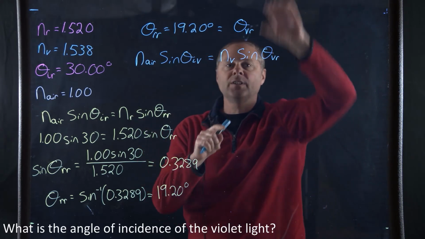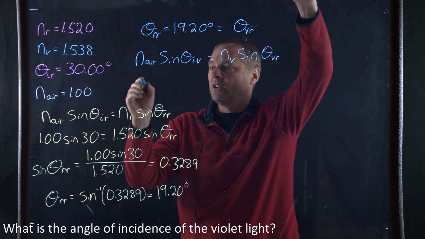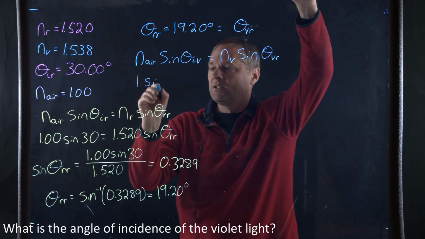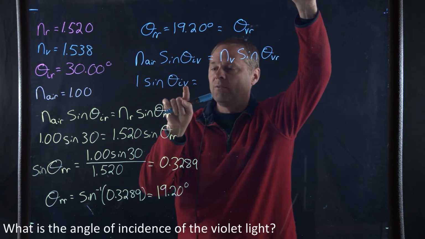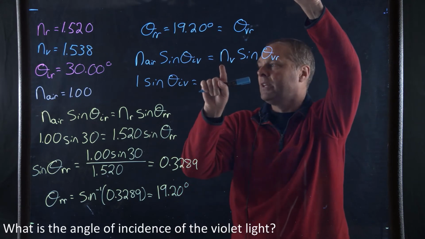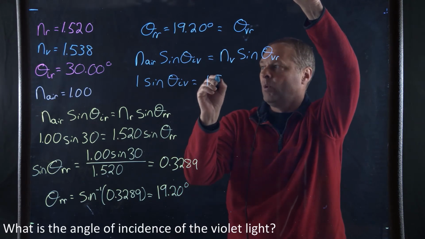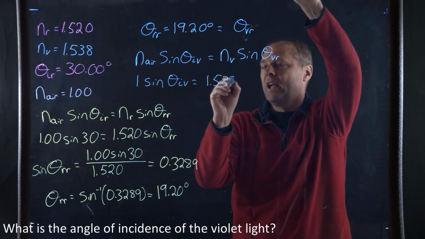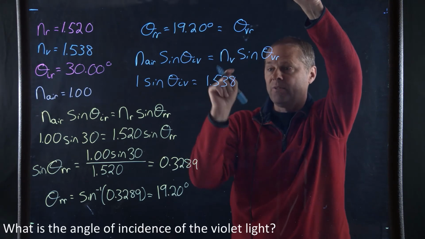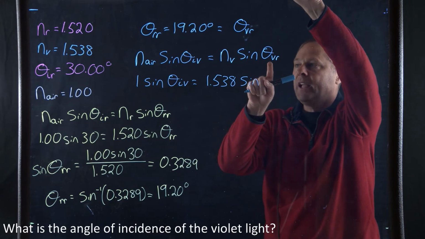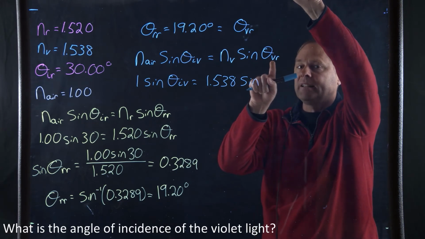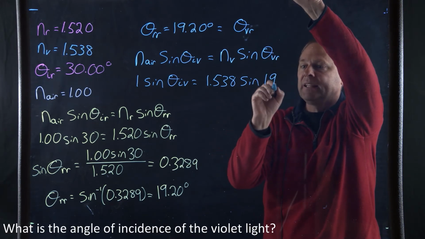So let's start filling this in. And we know this angle right here. So this is 1 times sine of theta IV, incident violet light, is equal to the index of refraction 1.538, the index of refraction of the violet light, times the sine of the angle of the violet light that gets refracted.